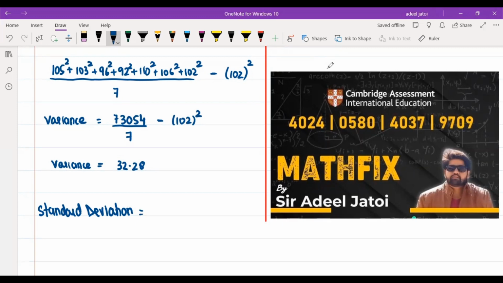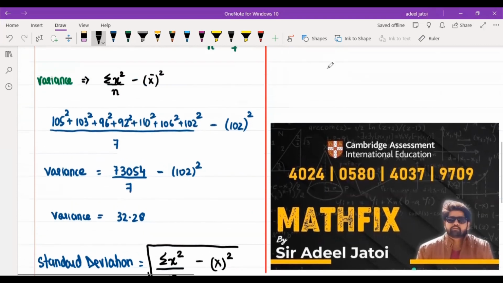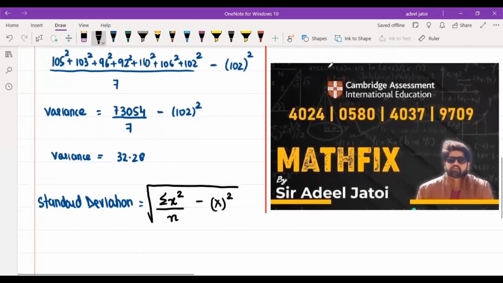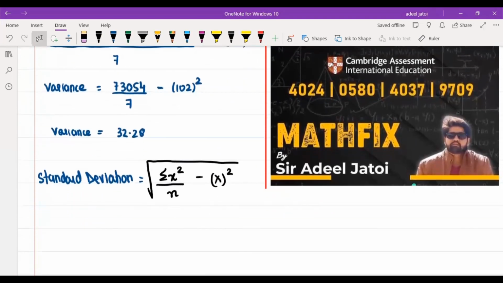In this way, you just take the square root of the variance, that means summation of x square upon n minus mean square, so your variance formula is used under the radical sign.